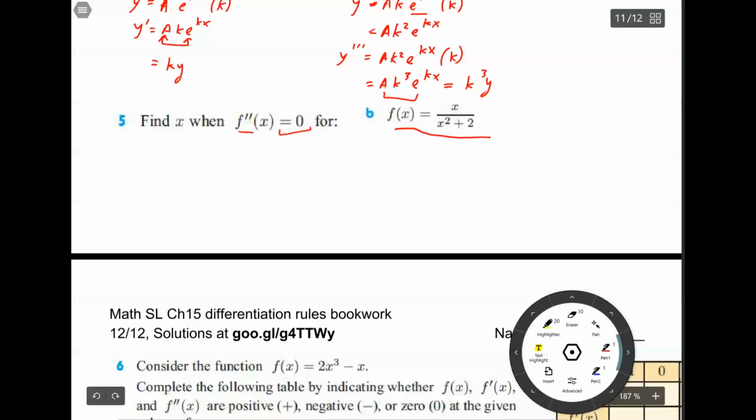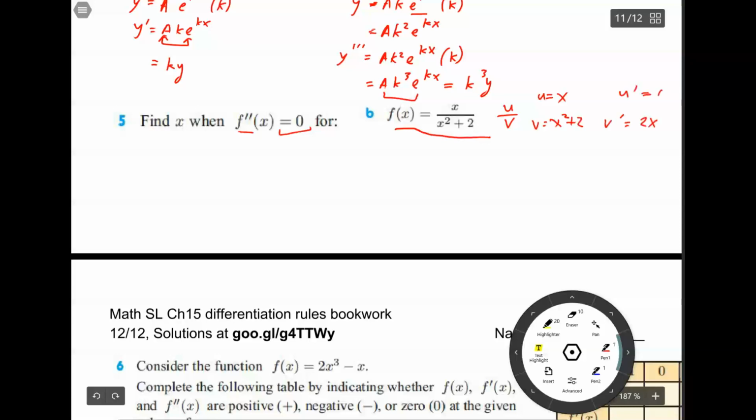So we could use quotient rule, or you could use product rule if you rewrite the v, but I'm going to use quotient rule because that's most natural. So u equals x, and v equals x squared plus 2. So u dash is equal to 1, right? And v dash is equal to 2x.